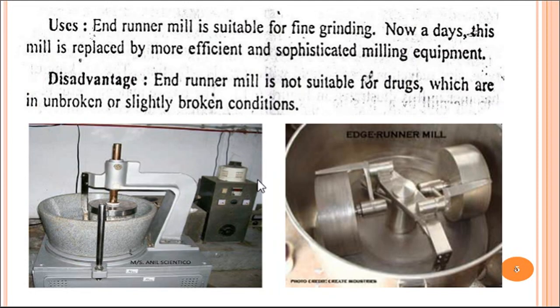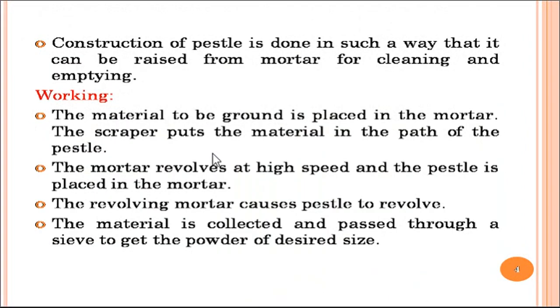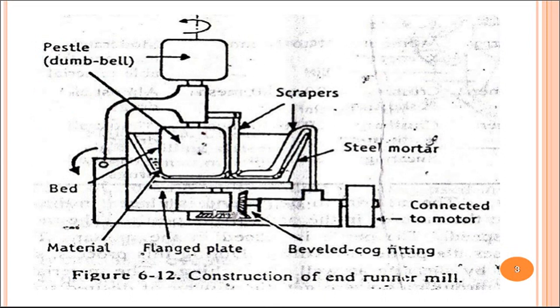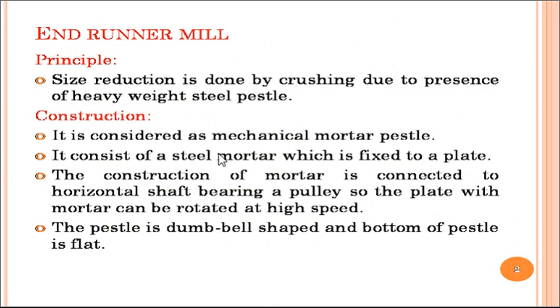There are a few things still remaining to discuss about this end runner mill, which are the working conditions and the type of material which we are dealing with. Hard cakes, and even slightly crystalline material made up of big cubes, can be easily converted into an appropriate size of powder.